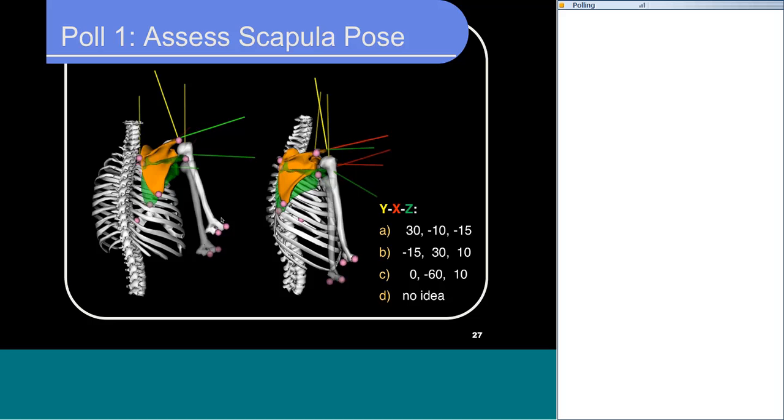Please take 1 minute to analyze both figures and choose one of the following Euler angles that you believe best describes the scapula final position, the orange position, relative to the thorax. You should use the poll window that will appear on your screen to introduce your answer.